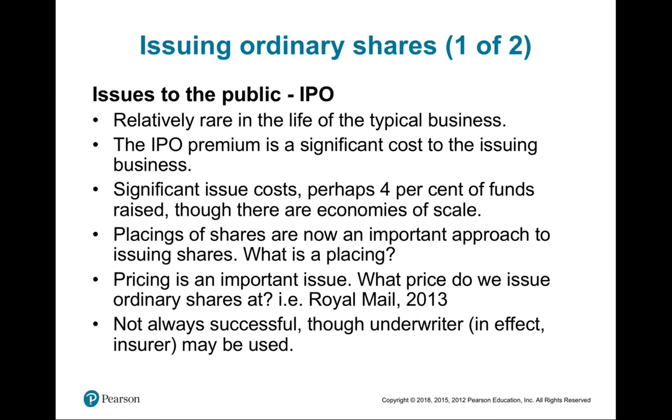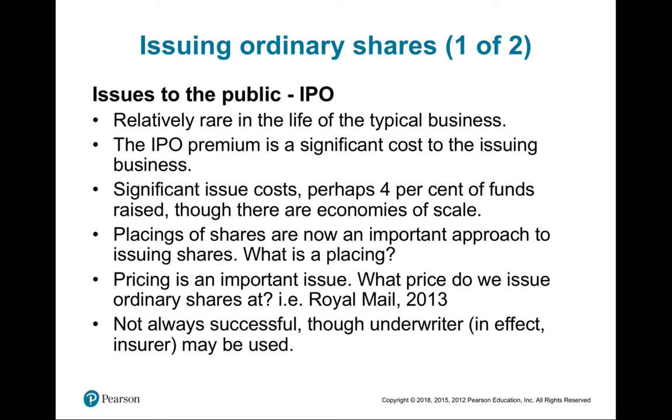And it is possible that a business might not always sell all of its shares, or not always be successful. So what it can do is underwrite, or in effect use an insurer to ensure that all shares are sold. So this is like an insurance mechanism.